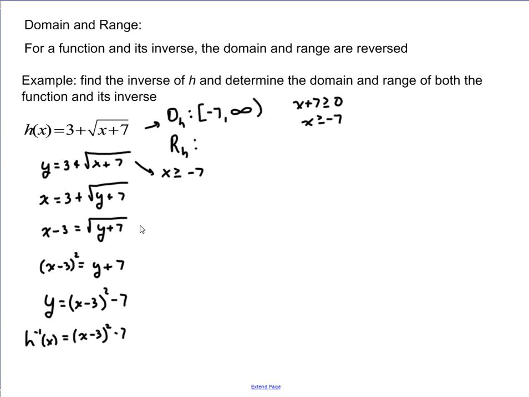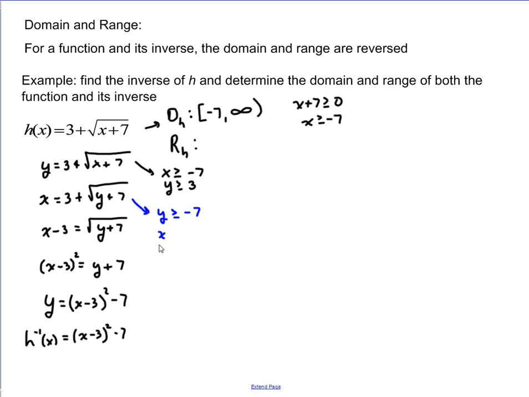So, for our inverse function, when we switch x and y, we knew that y had to become greater than or equal to negative 7 in order to make all of our x and y values switch. Well, what could we say about the values of y right here? What is the smallest y value that I can get out from this function? y has to be greater than or equal to 3. Why, you might ask?